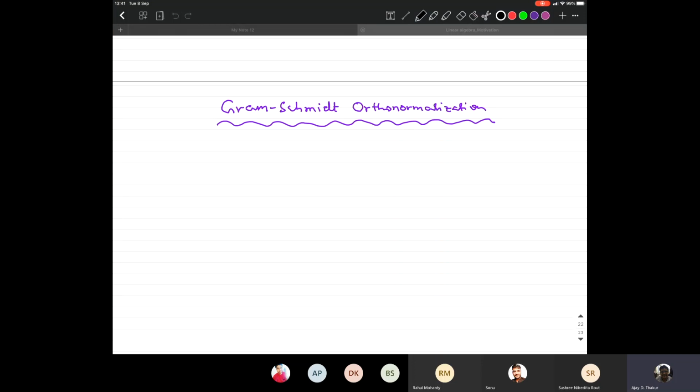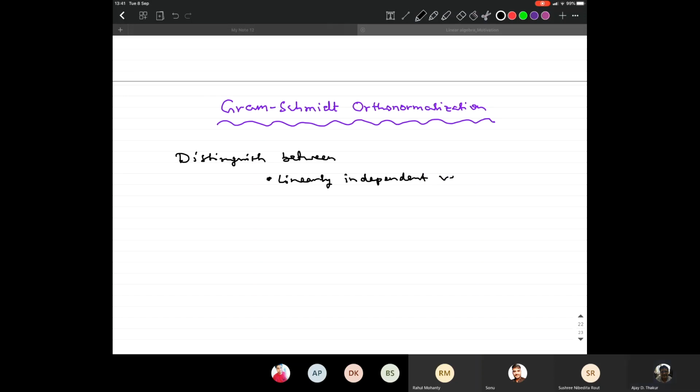On this idea of Gram-Schmidt orthonormalization, before we proceed to that, it is important to distinguish between, say, two points: linearly independent vectors and an orthonormal basis set.